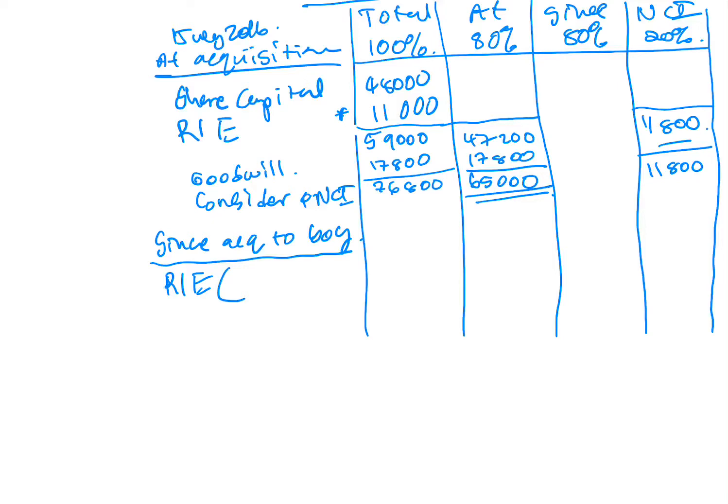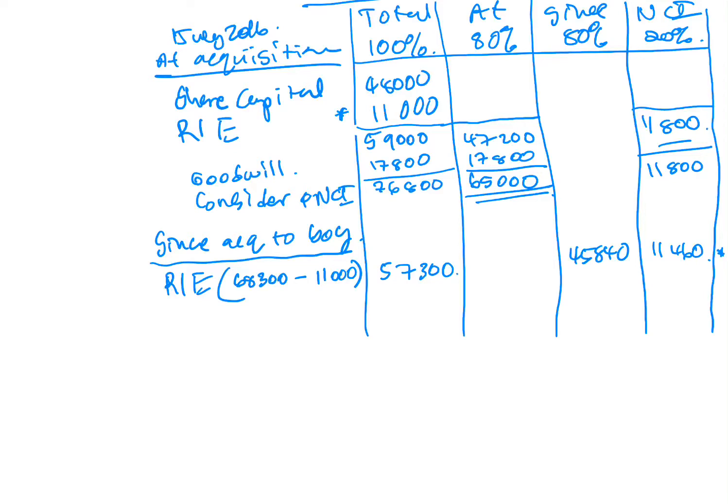So I'm going to come and say retained earnings 68,300 minus 11,000. That is going to give us an amount of 57,300. Then you share 80% of that amount, which is going to be 45,840, and then 11,460.